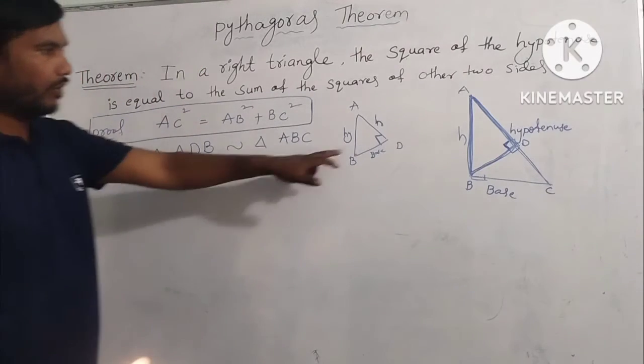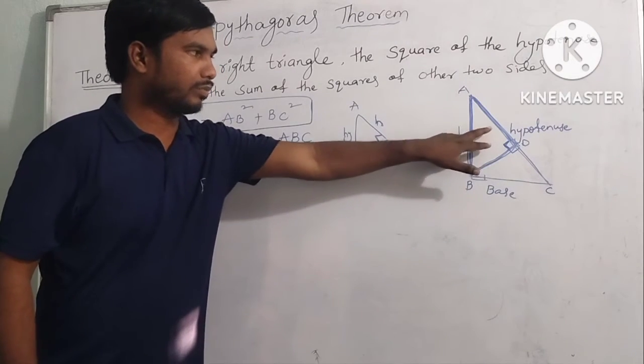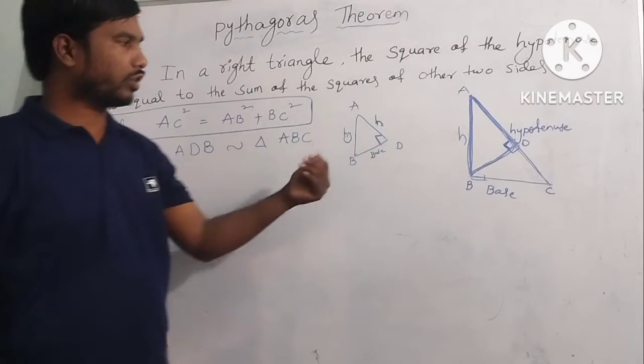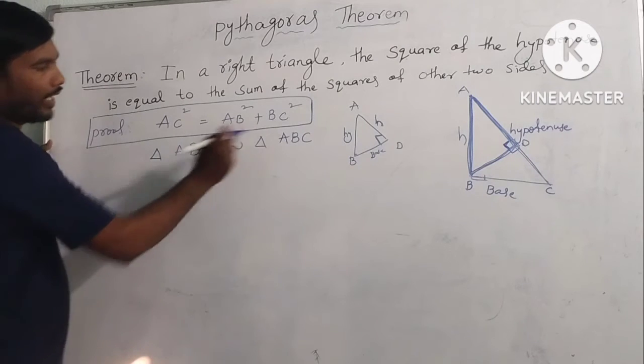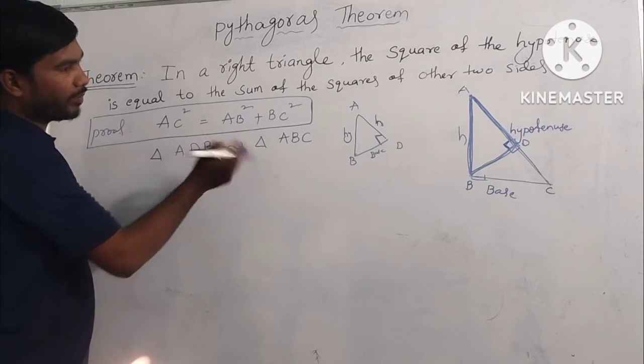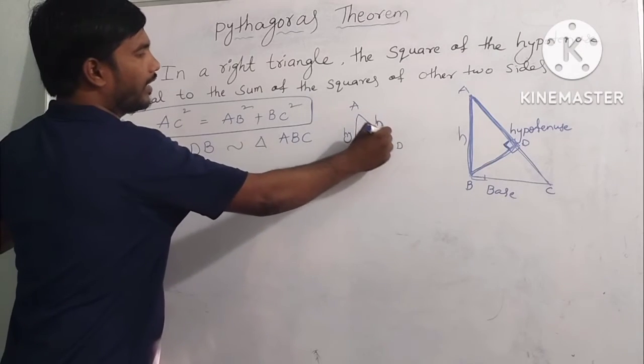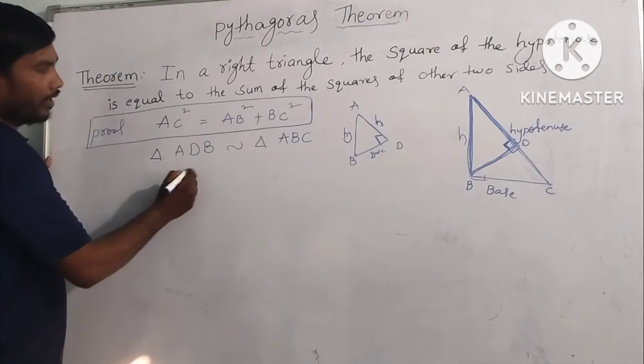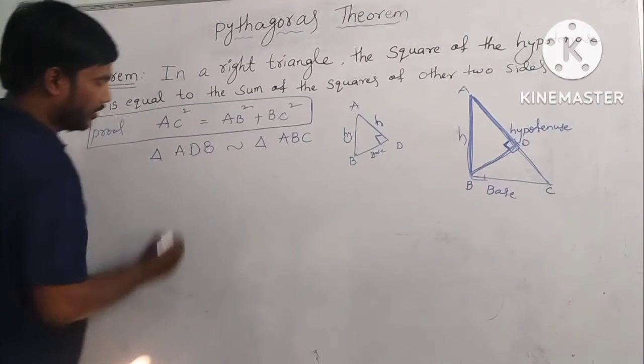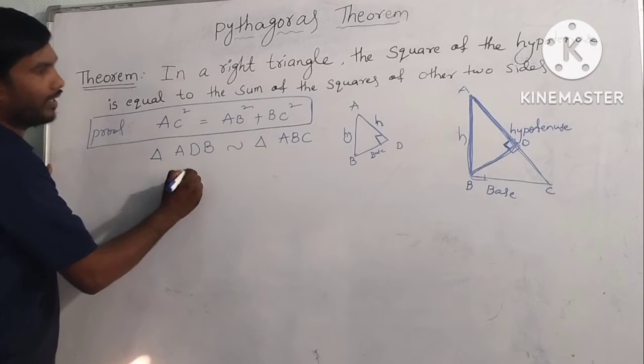Both the smaller triangle and the old triangle are similar triangles. When two triangles are similar, corresponding parts are in equal ratio. So I am taking both the heights. The height of the smaller triangle is AD.